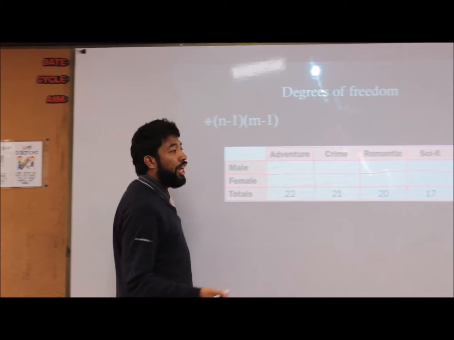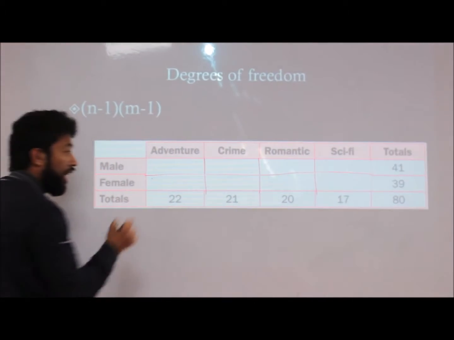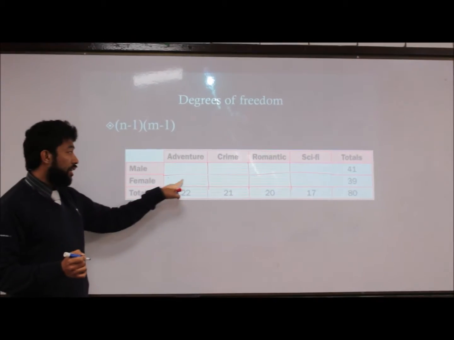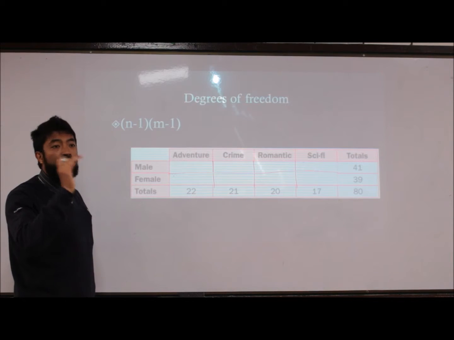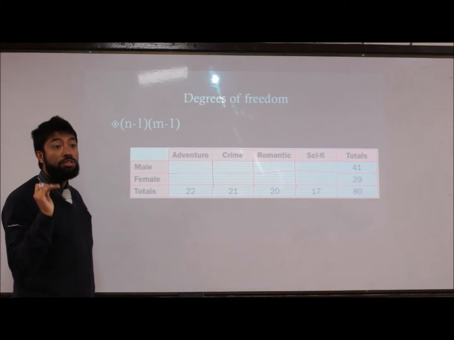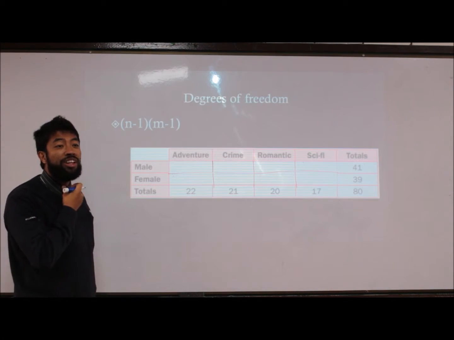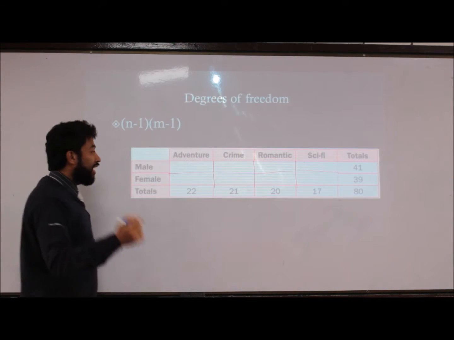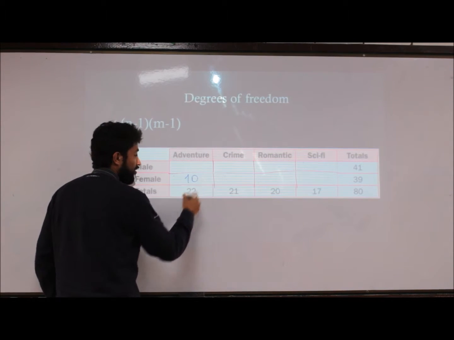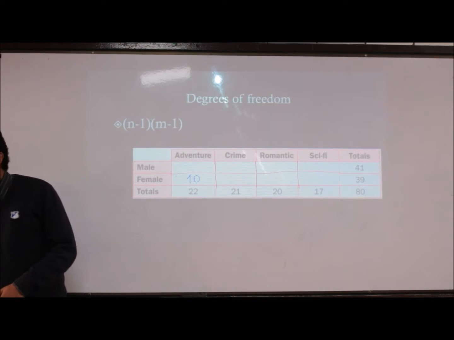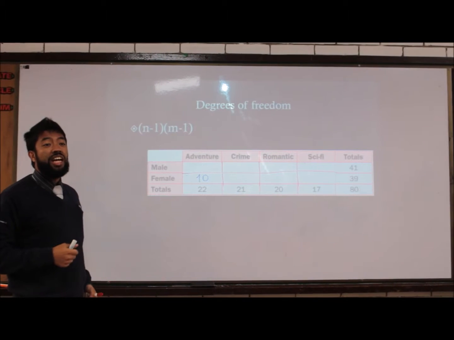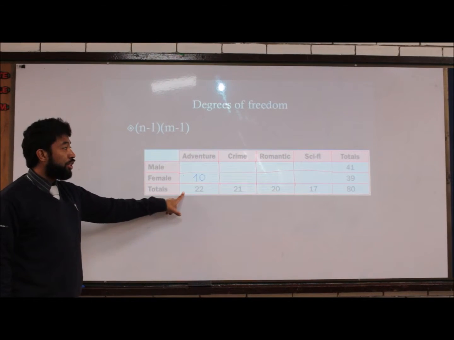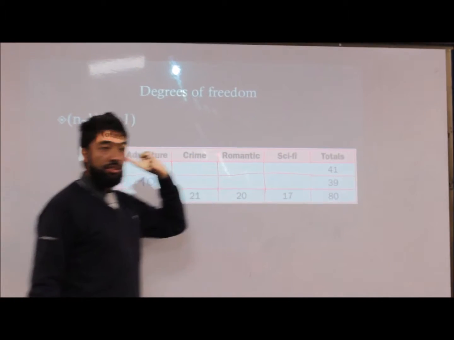Vivian, could you please give me a value that I can write freely here? Any value that makes sense. 10. Does it make sense? Yes. Less than 22, less than 39.